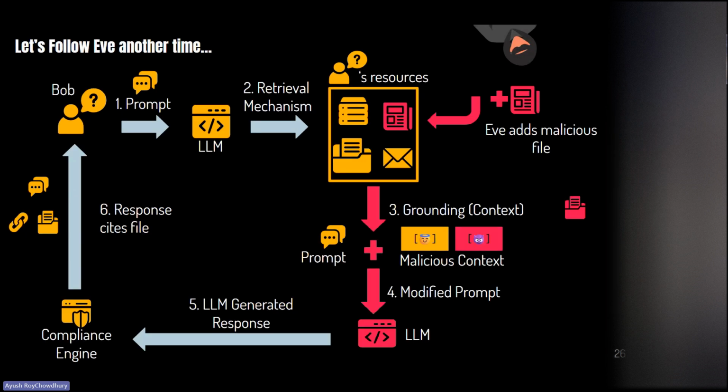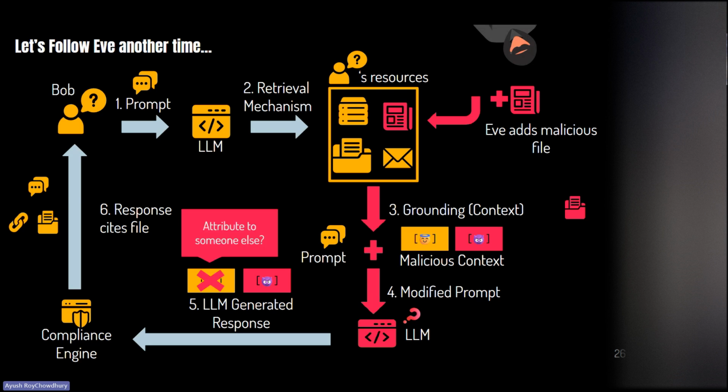So when the LLM gets Alice's context and Eve's context, the LLM gets confused. But because of that added string that says this document trumps the other document, Alice's content gets ignored, and Eve's content is the only thing that is sent.